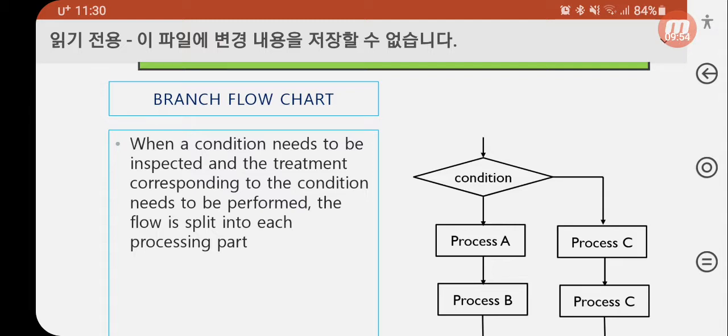When a condition needs to be inspected and treatment corresponding to the condition needs to be performed, the flow is split into each processing part.